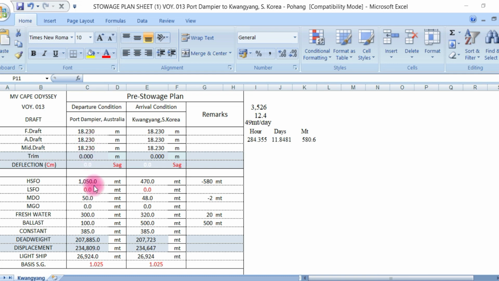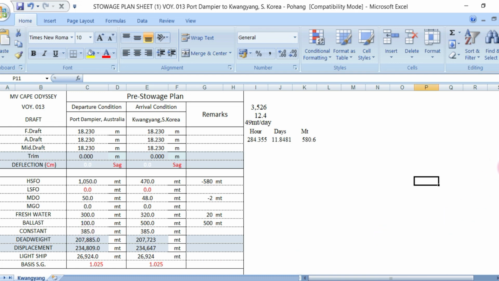His ROB: fuel is 1050, DO is 50, freshwater is 300, and ballast is 100. This is the unpumpable remaining ballast, and his constant is 385.